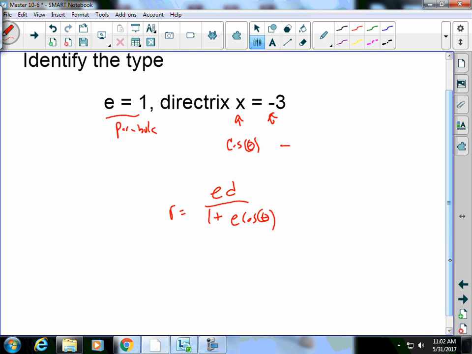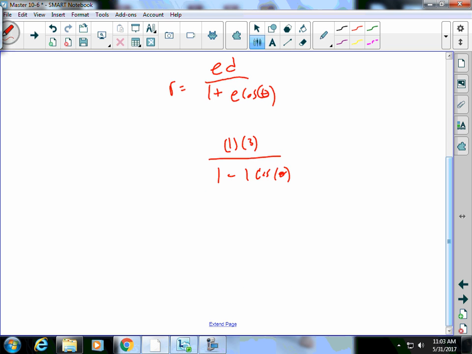So e is 1 times a 3 over 1 plus, whoops, not 1 plus. I just got to say it was a negative here. So I need 1 minus 1, because that's what e is, cosine theta. I can clean all this up. So my equation for this polar is r is equal to 3 over 1 minus cosine theta.